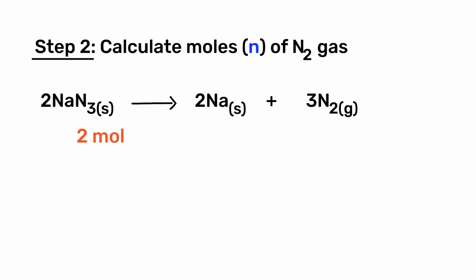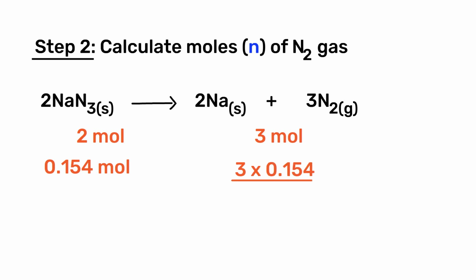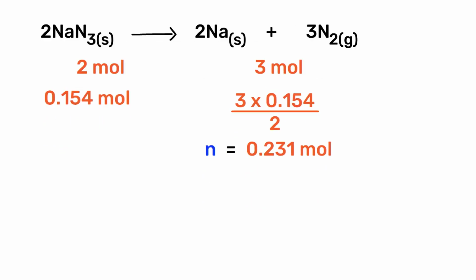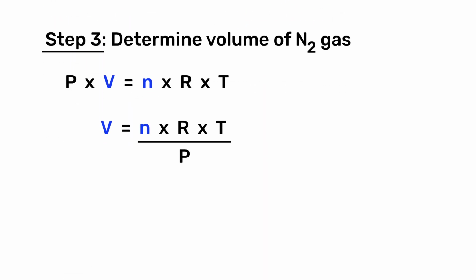2 moles of sodium azide forms 3 moles of nitrogen, so 0.154 moles would give 3 times 0.154 divided by 2, which is 0.231 moles. Now that you have the amount in moles, all you have to do is use the ideal gas equation to calculate the volume of nitrogen.